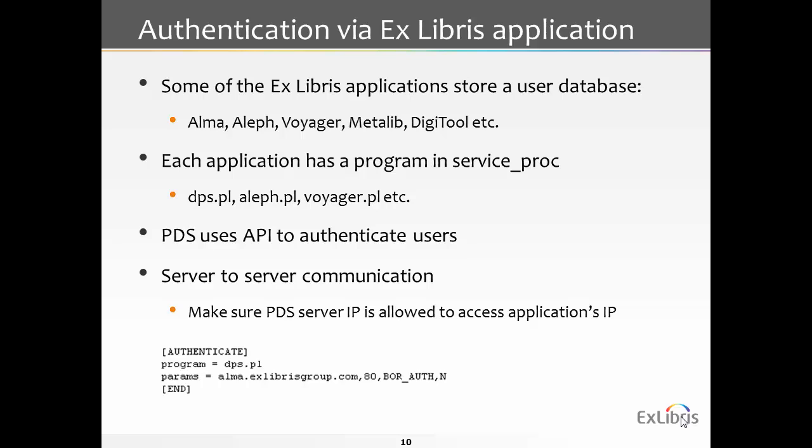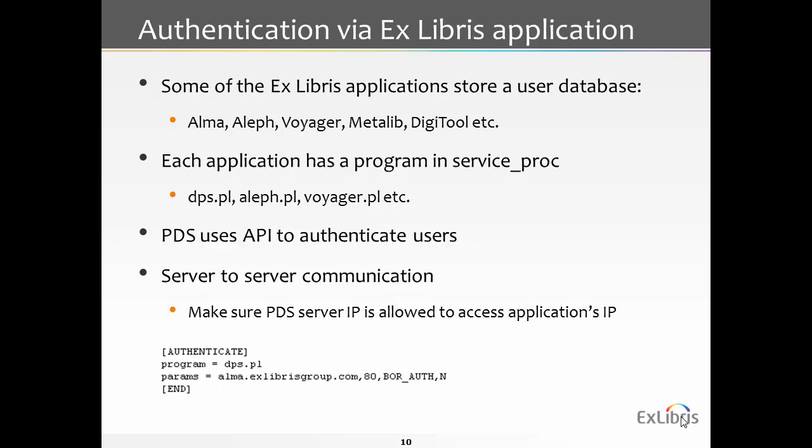The authentication in this case is done from server to server, from the PDS server to the Alma server, to the Aleph server, to any application, or to the LDAP server even. Therefore, we must make sure that the PDS server IP is allowed to access that external application's IP or the API even.